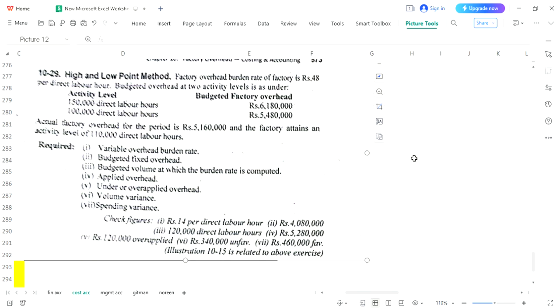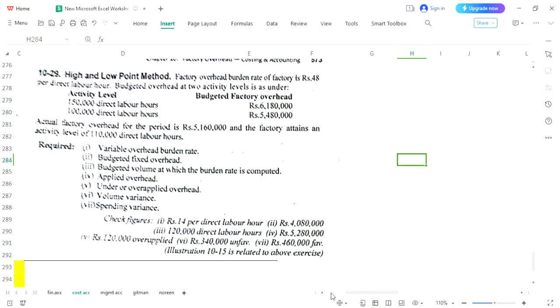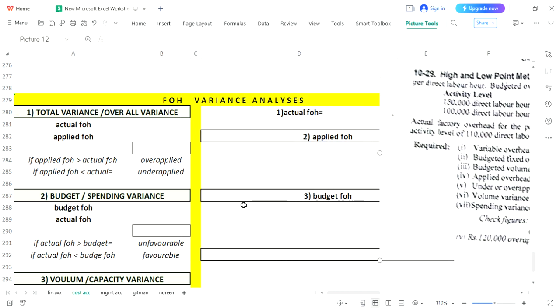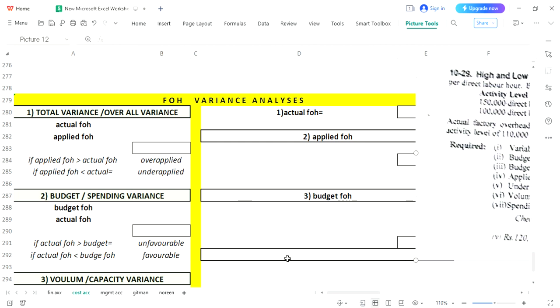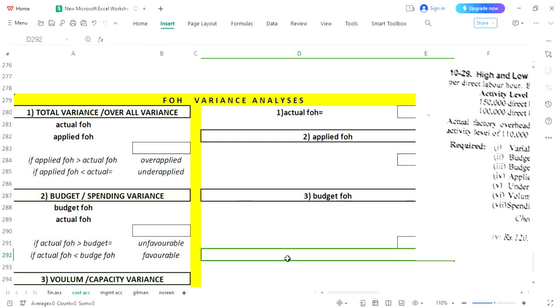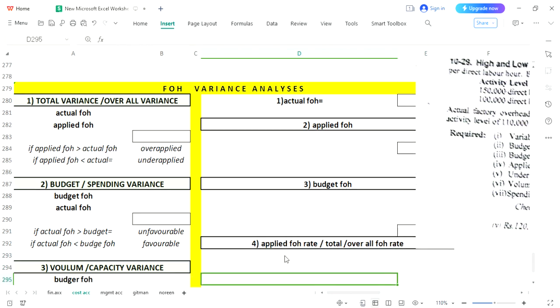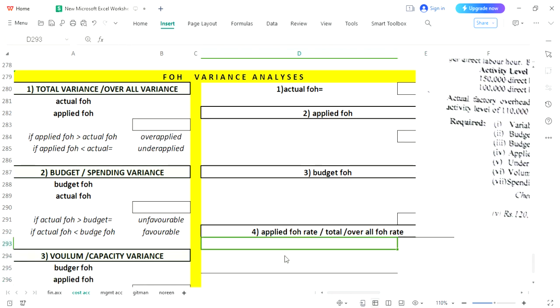So please be attentive. How do we calculate our factory overhead rate? We need to have the fixed FOH rate and variable FOH rate both. This was our fourth term. At fourth place, you calculate your factory overhead total rate or overall rate, and for this you usually add the fixed FOH rate with the variable FOH rate.